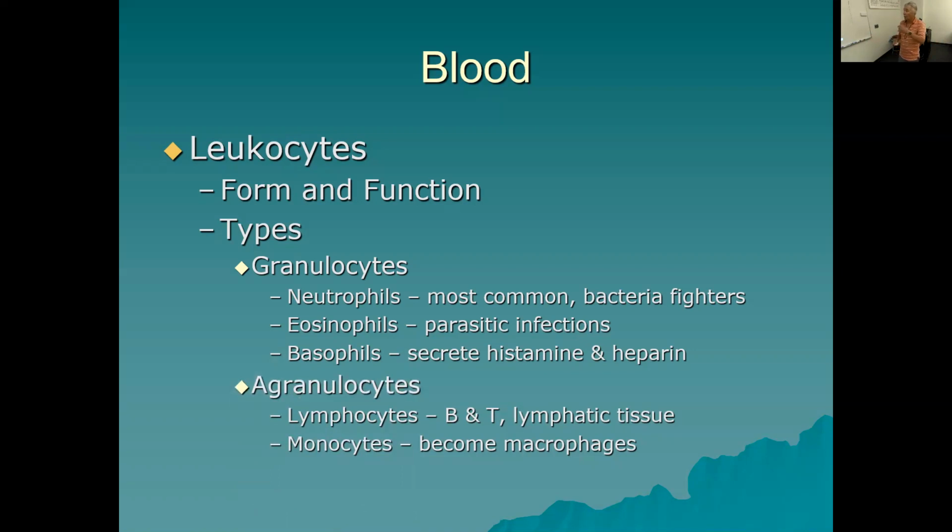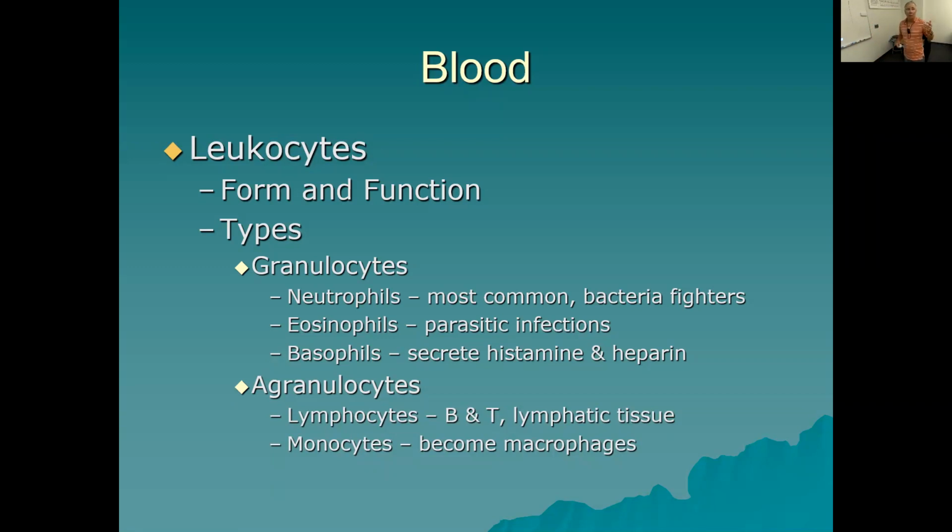There are two types there: lymphocytes, and there are two of those, B and T lymphocytes in the lymphatic tissue, and then monocytes, which become what are called macrophages, which are large phagocytic cells.